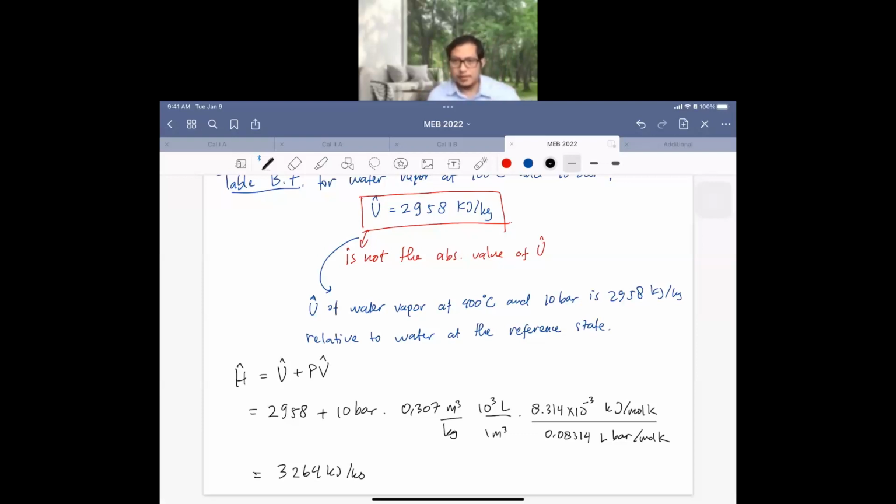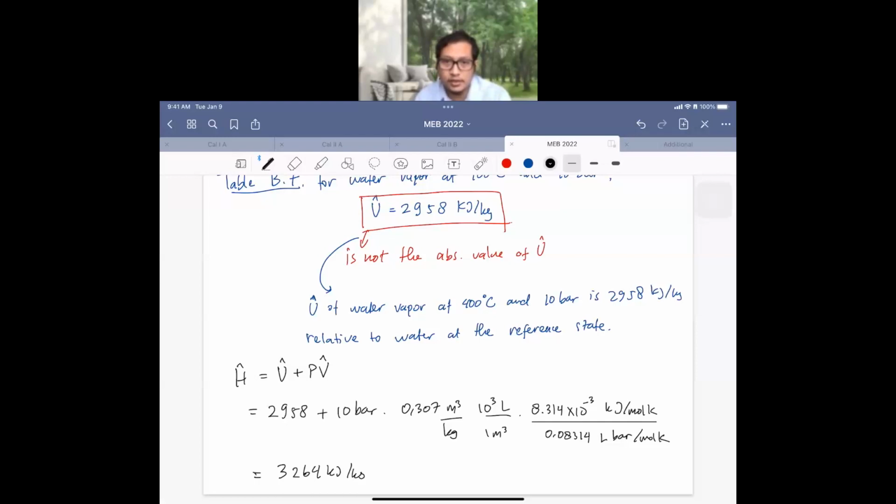I guess that's the idea of the reference state. So whenever you look at your tables, it's not the absolute value of the specific enthalpy and internal energy.